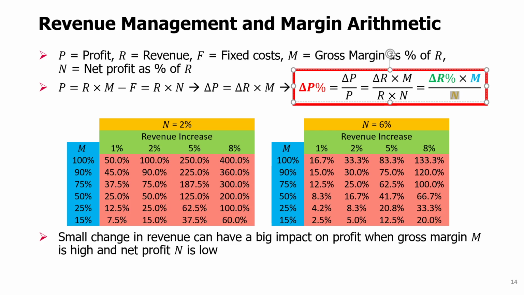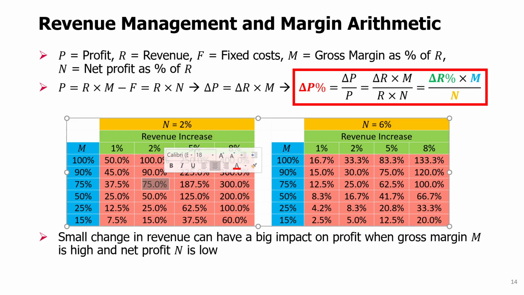Then for a 2% increase in revenue, we might have a 75% increase in profit. So you can see other numbers in this table, but that shows you a small increase in revenue can have a very big impact on the increase in profit. For example, this is close to doubling our profit just because we increase our revenue by 2%.